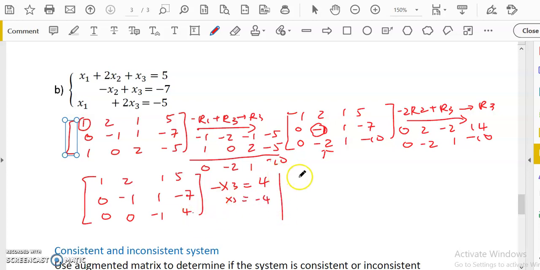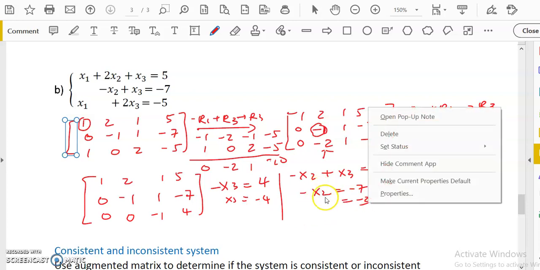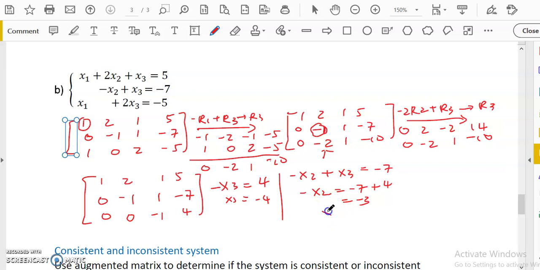That's the first one. The second would be negative x2 plus x3 is equal to negative 7. So negative x2 equal to negative 7 minus x3, that's plus 4. So that is negative 3. Oops, so x2 is equal to 3. And then I get this first one, which is x1 plus 2 of x2 plus x3 equal to 5.